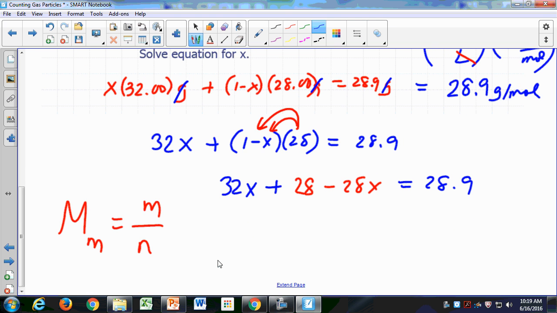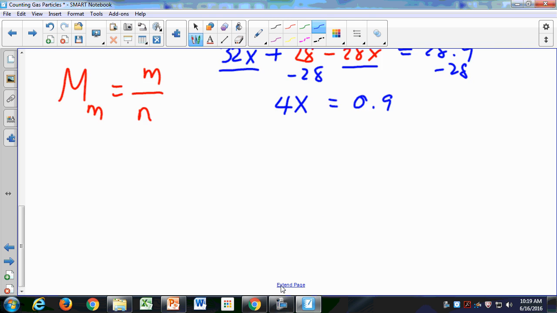And 32X minus 28X is 4X. I subtract 28 from both sides, so the other side is going to be 0.9, since 28.9 minus 28 is 0.9.